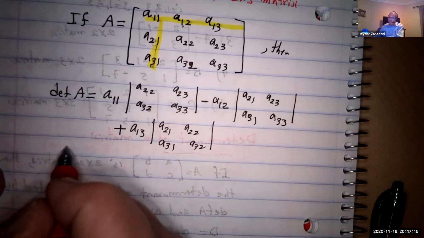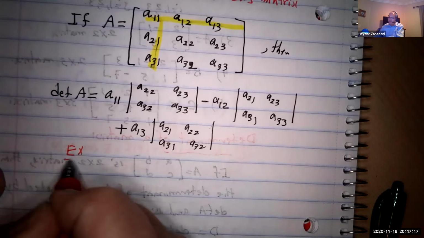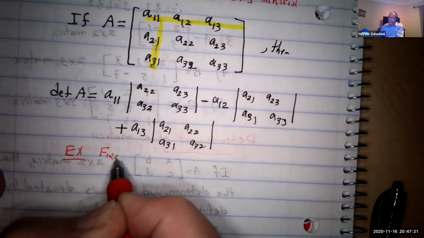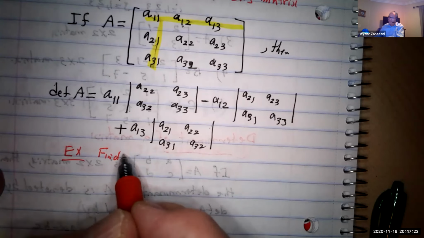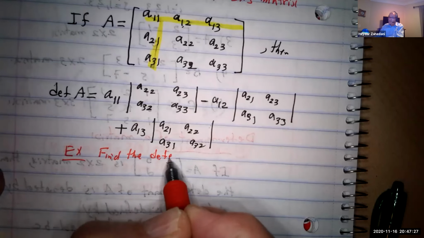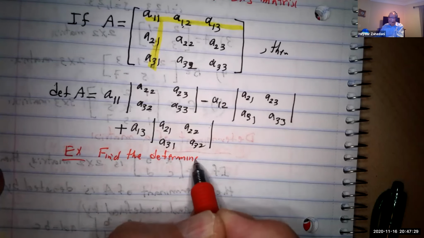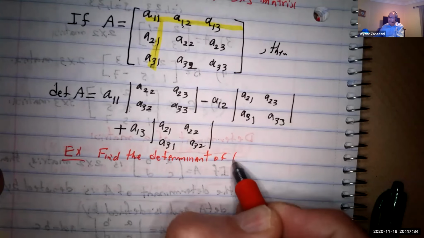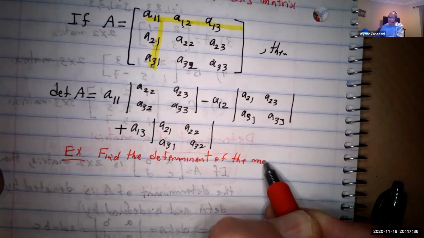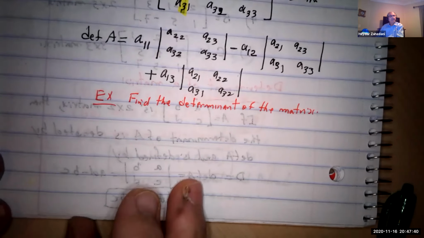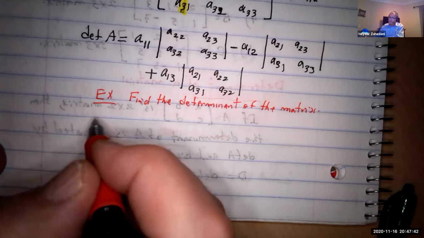Okay, so example, let's do one of them. We want to find the determinant of the matrix. Okay, this is your matrix.